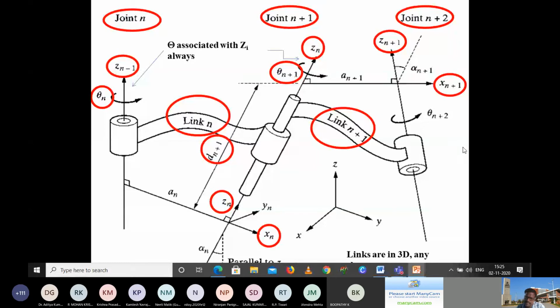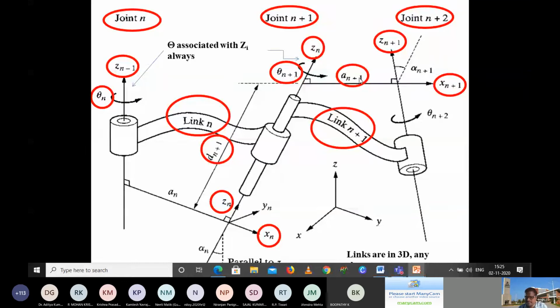The horizontal distance along the x-axis from joint n plus 1 to joint n plus 2 is a n plus 1. Again, I will repeat: the distance along the z-axis is represented as the d parameter, and along the x-axis the distance is denoted as the a parameter.